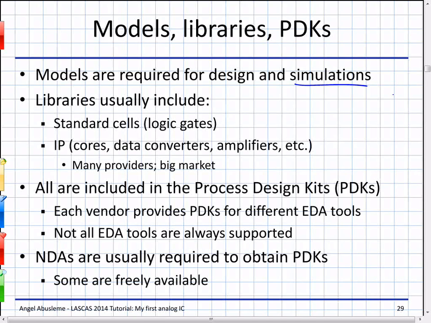So you usually get libraries that include standard cells, logic gates, models, IP cores, for example, data converters, amplifiers. There's many providers. There's a big market on it. Usually, part of this, or even standard cells, are included in the process design kits, PDKs. So when you want to get involved with the design for fabrication, you first begin with a PDK. You require a PDK for a certain program.